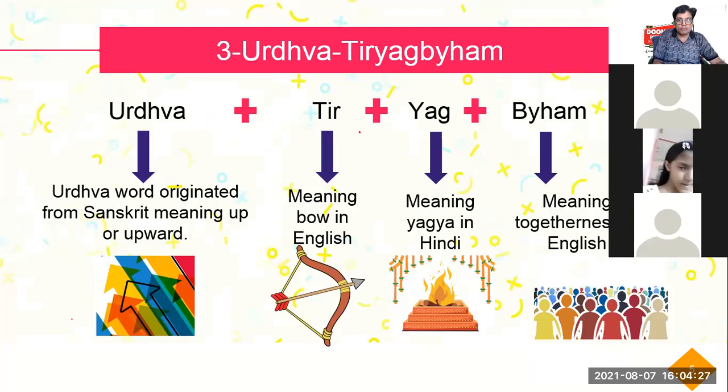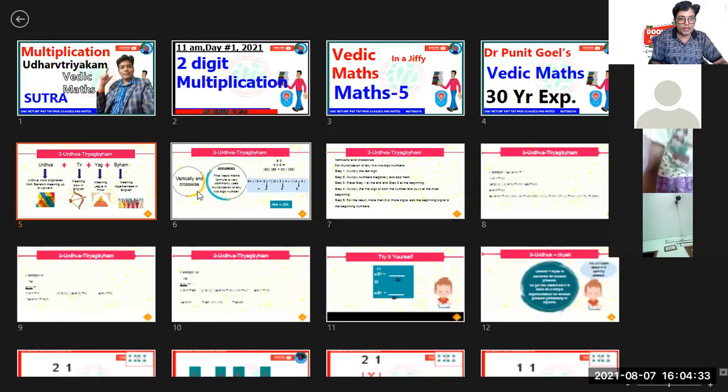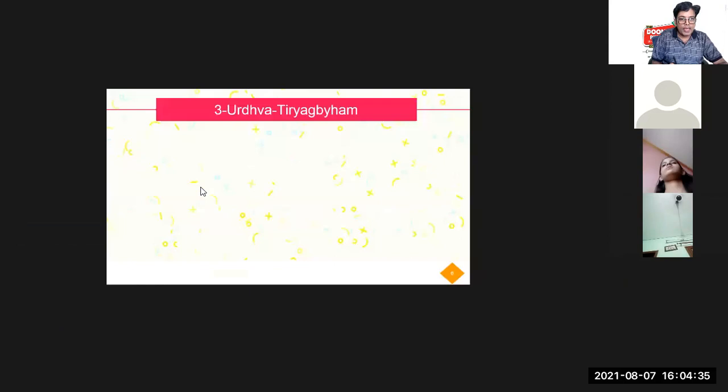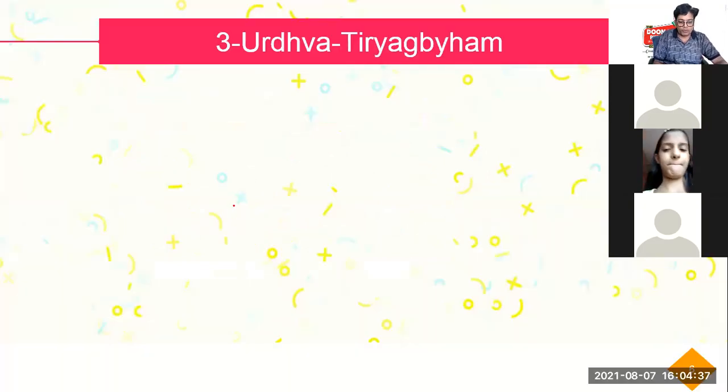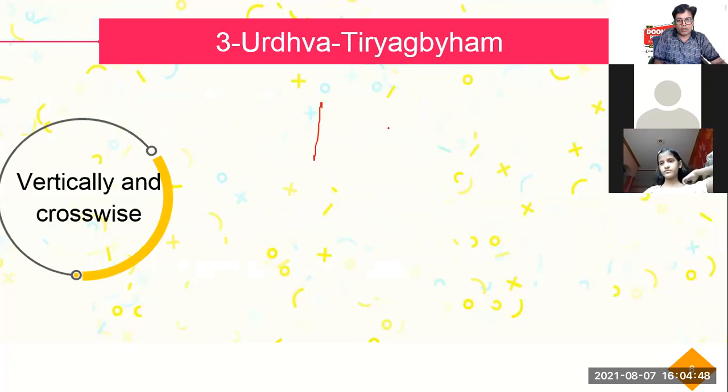Urdhva Tiryakam Yagbhyam method. What kind of method is it and how we will use this method? Vertically is this, cross is this. Vertical cross method is called 2 vertical 1 cross.